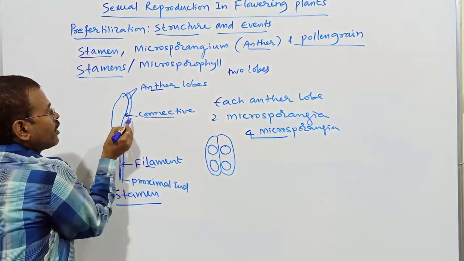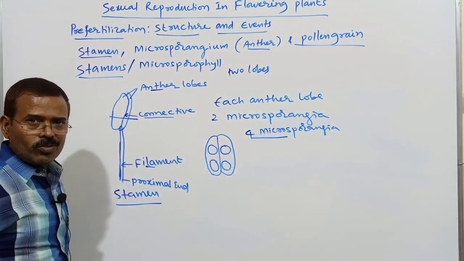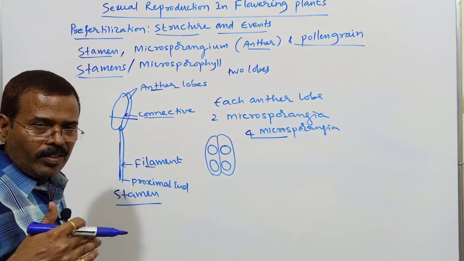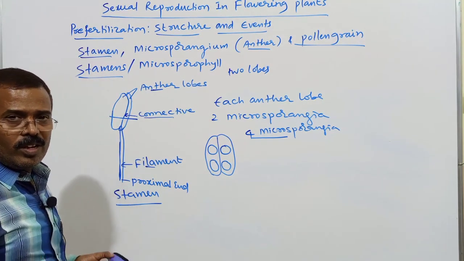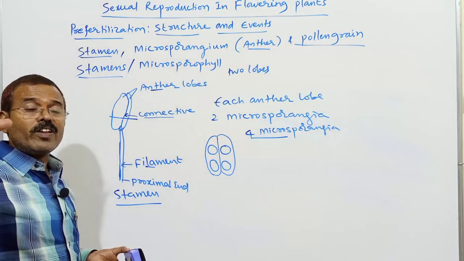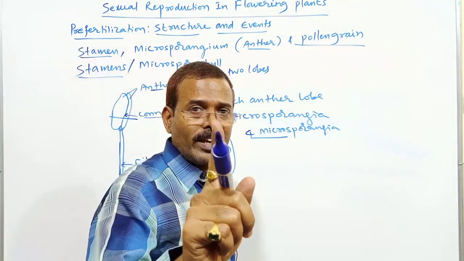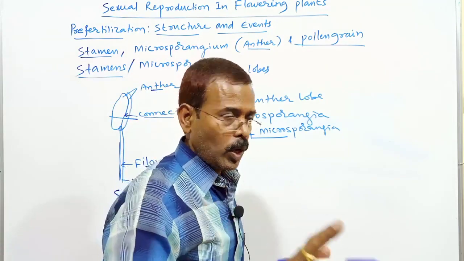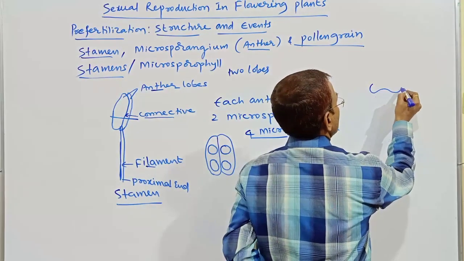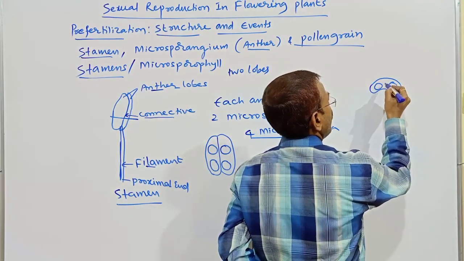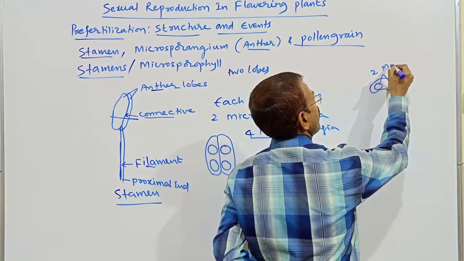When you take the transverse section, then we can get a clear-cut idea of the microsporangia present within the anther lobe. When the anther is monothecous, having only one anther lobe, in that case only 2 microsporangia will be there.